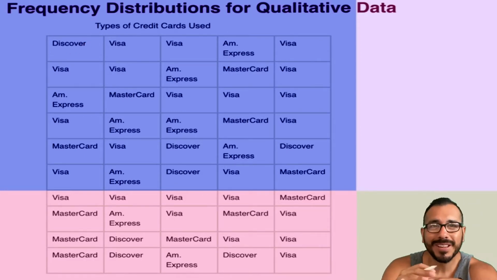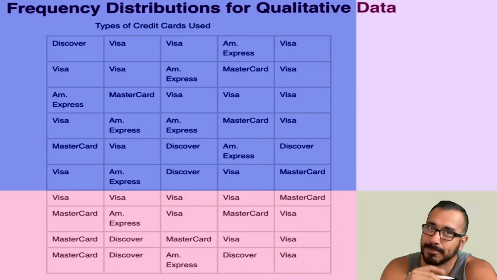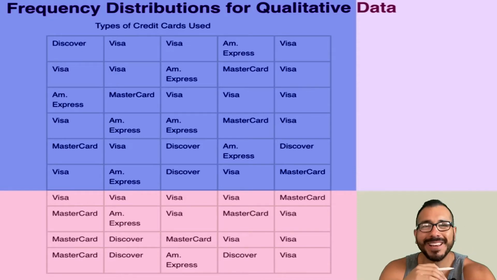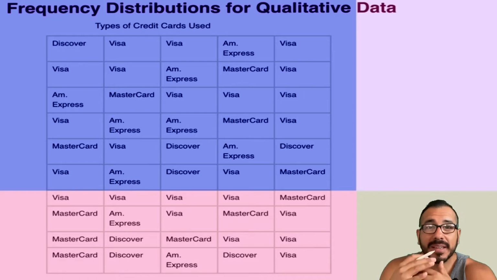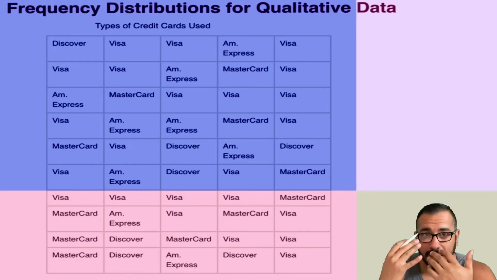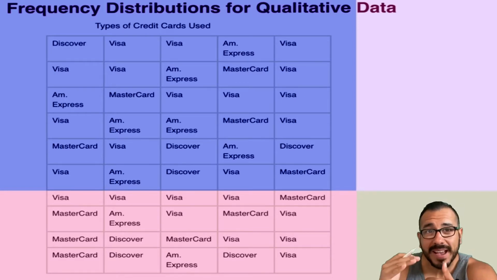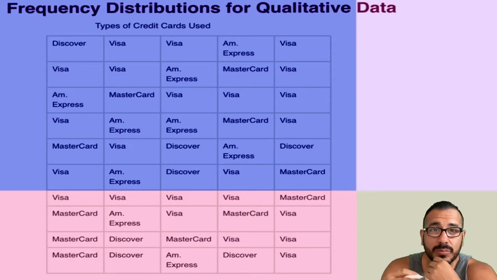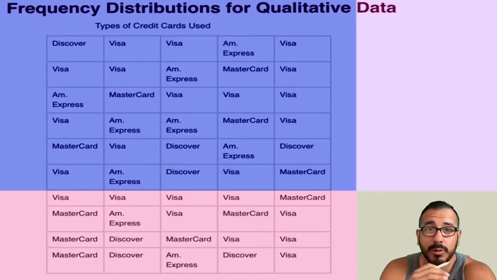So again, we're looking at all these different types of credit cards, and we're going to keep track of how many times each one was used. We're going to organize it using a frequency distribution, and we're going to see how nice this table actually is.